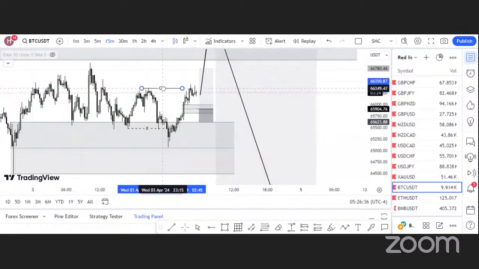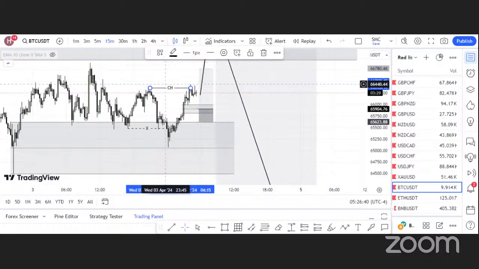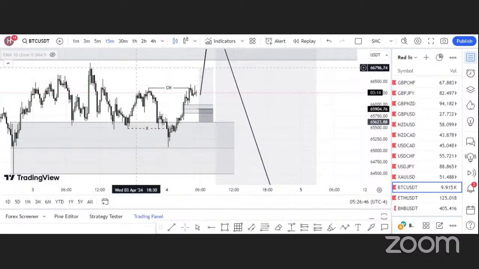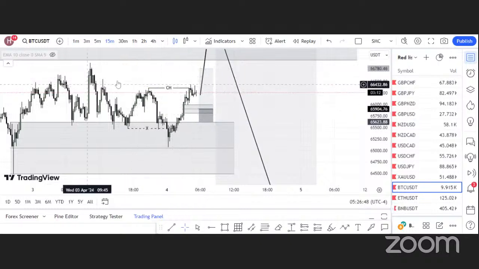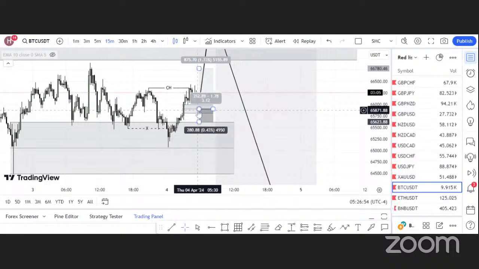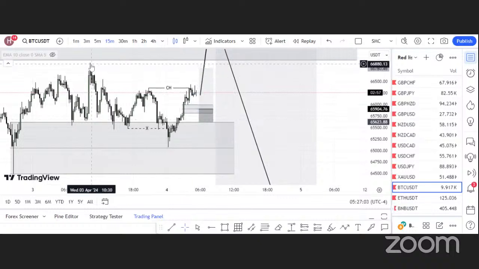All right, so a lot of you still get confused over where to set take profit and stop loss. You see, it's very easy. If you want to set your take profit, you want to look at the current market. What you want to look out for is the highs and the lows, right? We have highs, we have lows in the market. How do we know our high? This is a high, right?